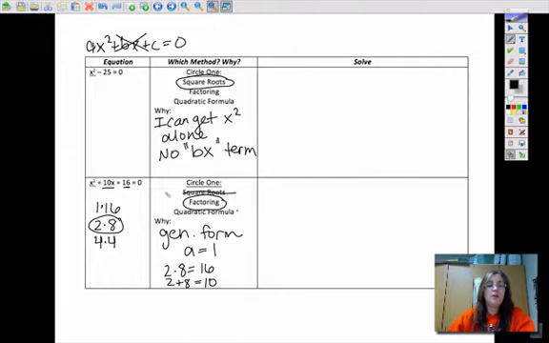Okay, so another way to put this more generally, since 16 is the C term and 10 is the B term, is that I'm looking for numbers that multiply to C and add to B. All right?